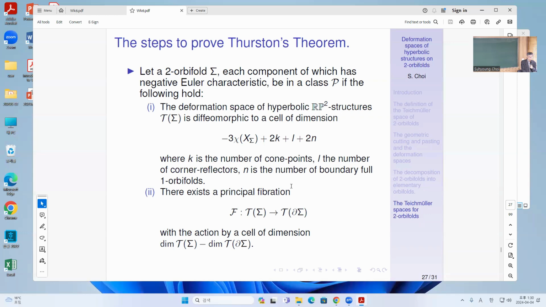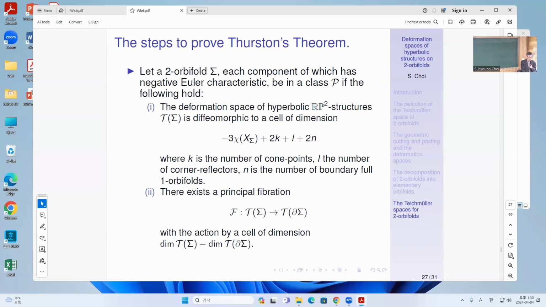So I will prove this fact. And number two is that there's a principal fibration from T sigma to T boundary sigma, where T boundary sigma is the product of the length spaces, where the fiber is a cell of this dimension.